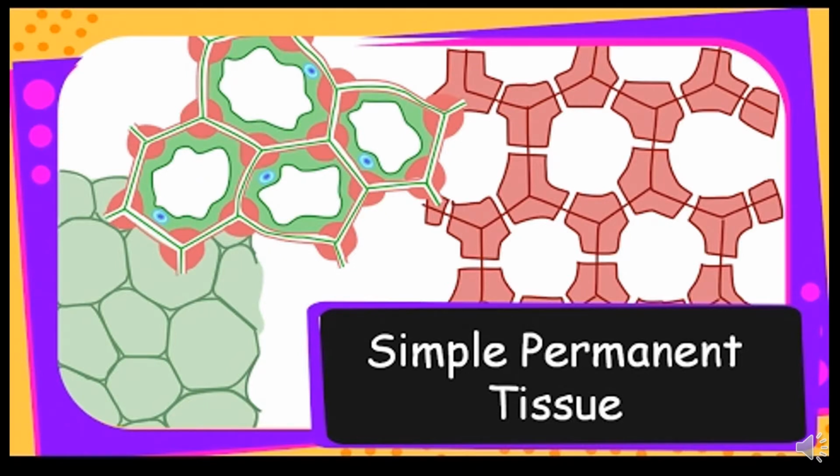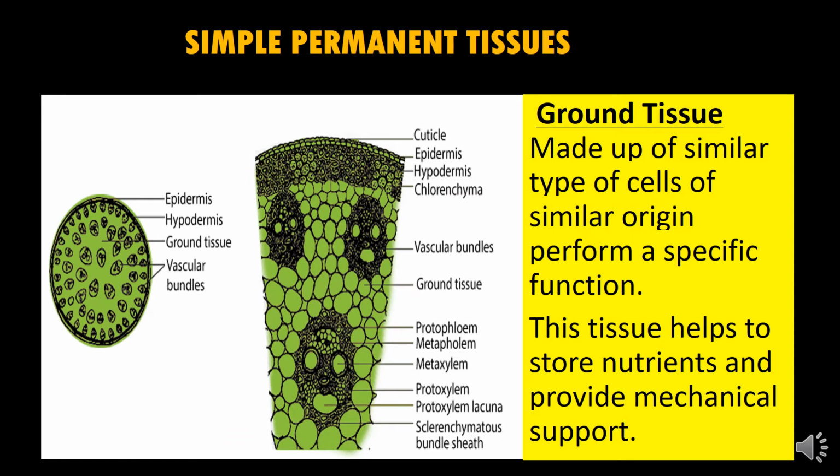Firstly, we'll discuss simple permanent tissues. Simple permanent tissue is the basic ground tissue present in plants. As you can see, this is the transverse section of a plant stem, and the tissue which is distributed everywhere is written as ground tissue.